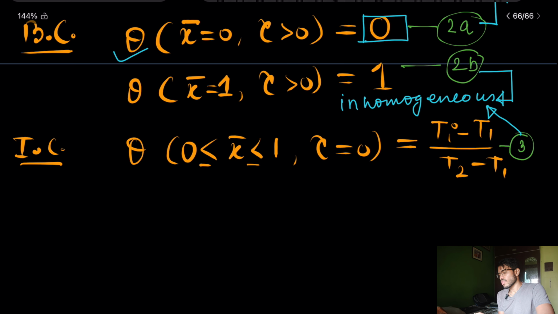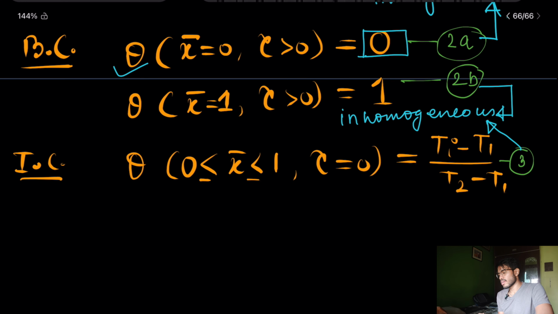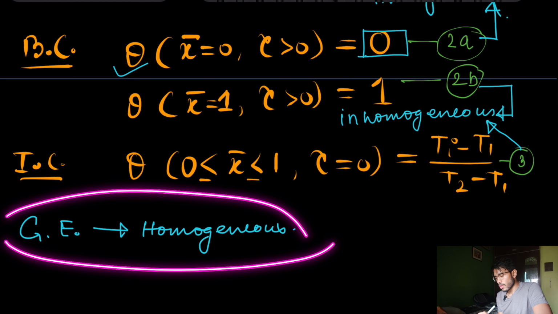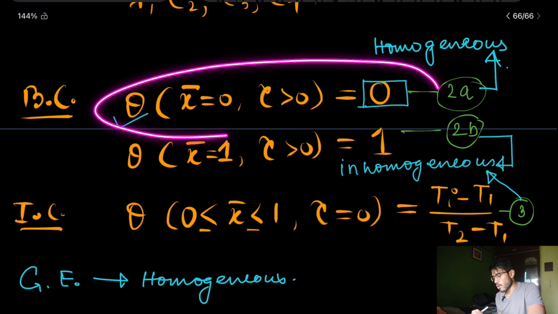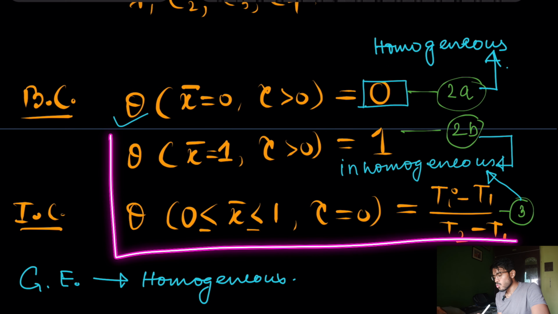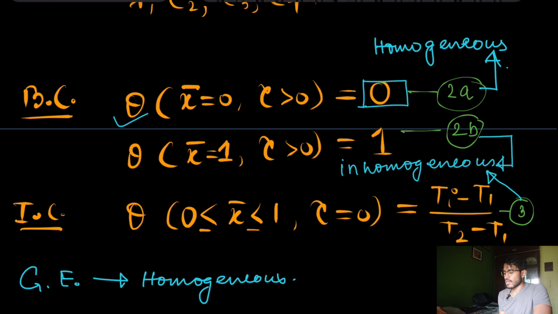So you can clearly see here that our governing equation is homogeneous, and one boundary condition is homogeneous, but we have two inhomogeneous equations here.